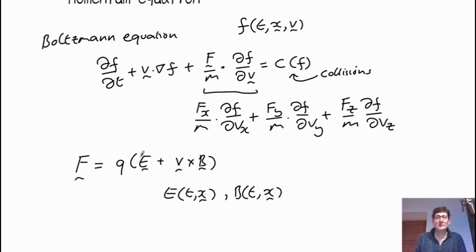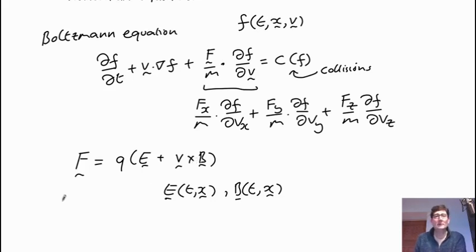So if we want the full system of equations, we need Maxwell's equations for the electric and magnetic fields, we need this equation for f, and then from f we can calculate the charge density and the currents, which go back into Maxwell's equations. So it forms a closed system, just a very complicated system.